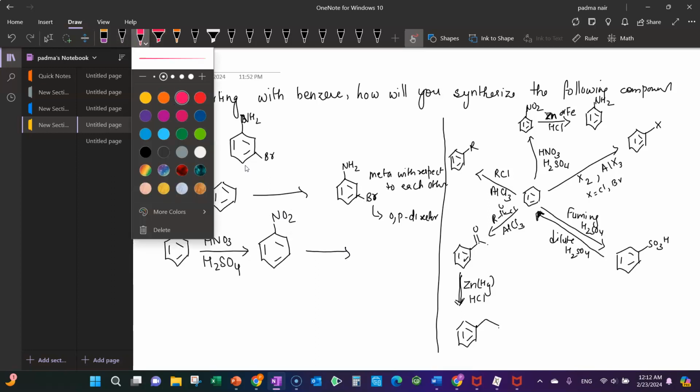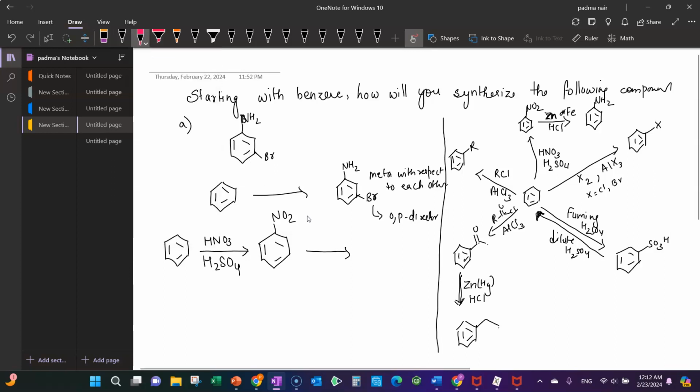Okay, so NO2 is, I'm sorry, NO2 is a meta directive. Okay, so that's why we will be able to use the next step of bromination, Br2.